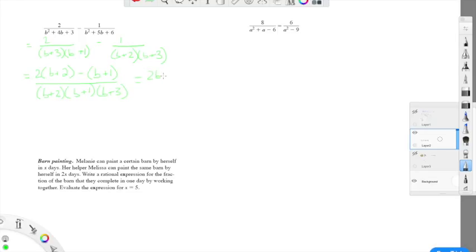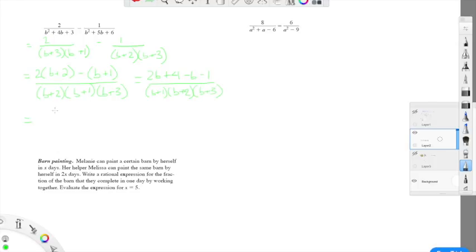Let's continue to simplify this just in case we can eliminate some other terms. So we'll distribute the 2. We've got 2b plus 4, and we'll distribute the negative 1. So we've got negative b and negative 1 on top, and the same denominator on the bottom, b plus 2, b plus 1, b plus 3. And then we'll combine like terms on top.